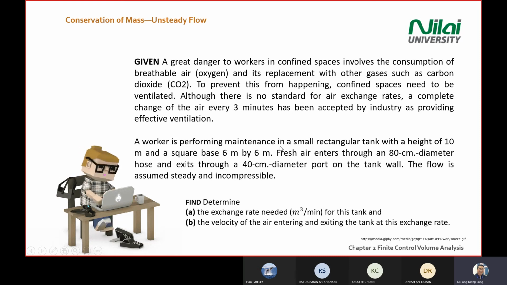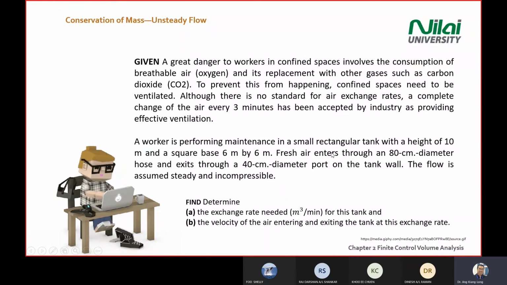A worker is performing maintenance in a small rectangular tank with a height of, in this case, 10 meters, and a square base of 6 times 6. By looking at this statement, you already know that you have a volume. So you calculate the volume, you get marks for volume. Quite easy.